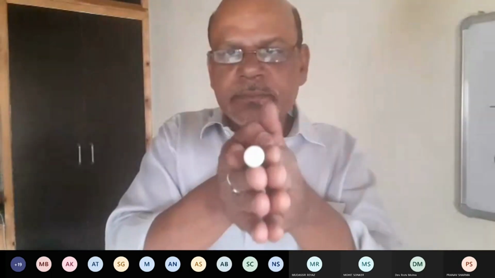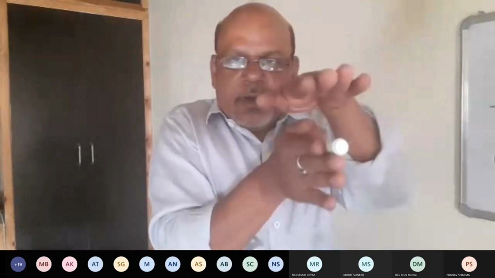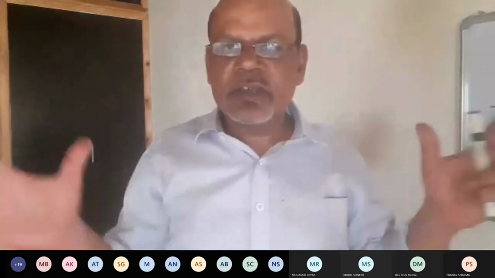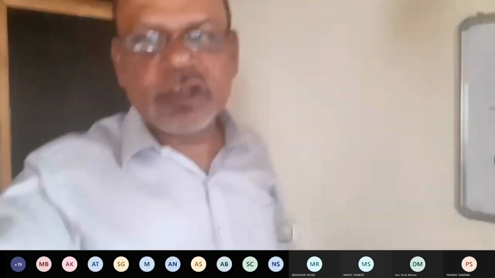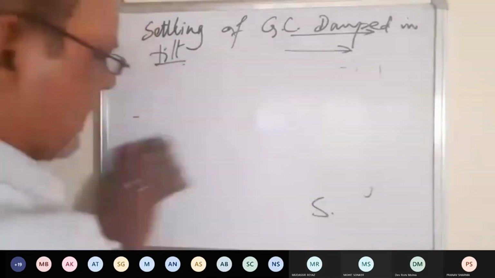No tilt, no azimuth error. If we go down in south, it will be settling here. Below the horizon, westerly error. So if we combine these three figures together, the settling curve of a gyro compass which is damped in tilt will look something like this.